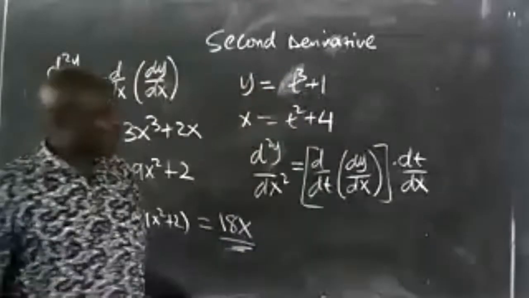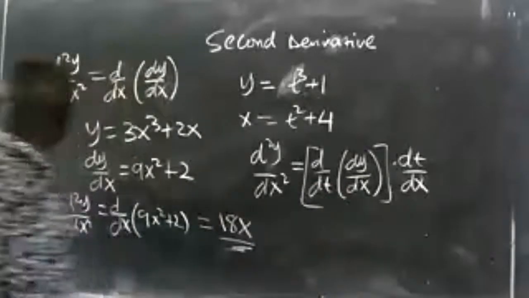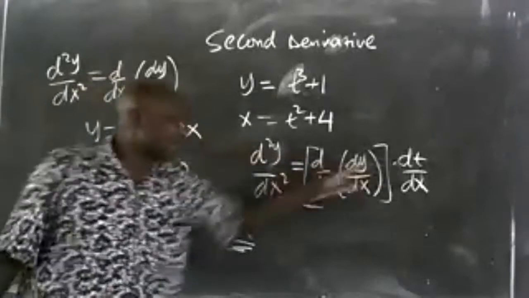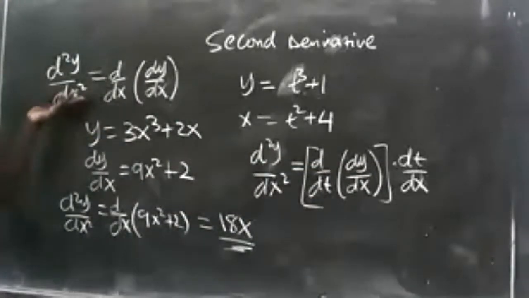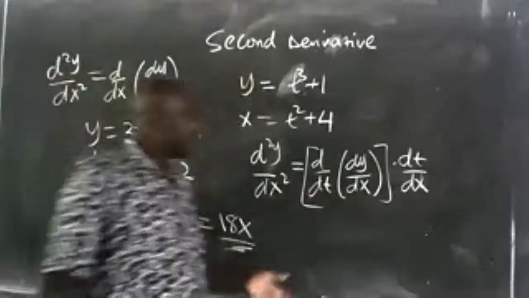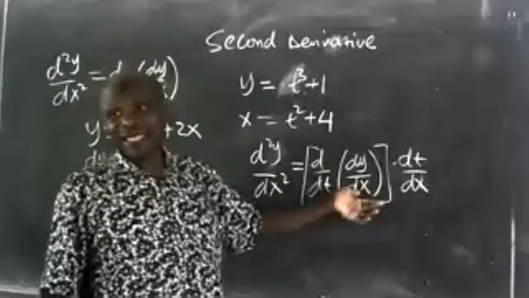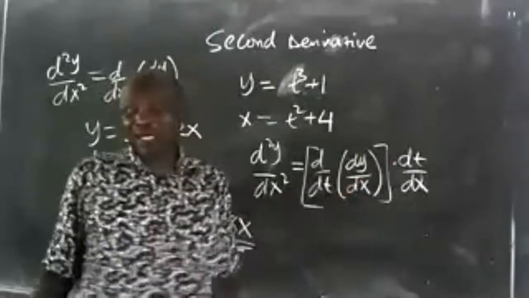Why? Because from the chain rule, if I cancel this one with that, then I'll get my formula here. If I cancel this with this, then I will come up with this, which is the real definition of our second derivative. So when you use the parameter, after getting dy dx in terms of t, get again the d dt of that, then multiply it with your reciprocal.